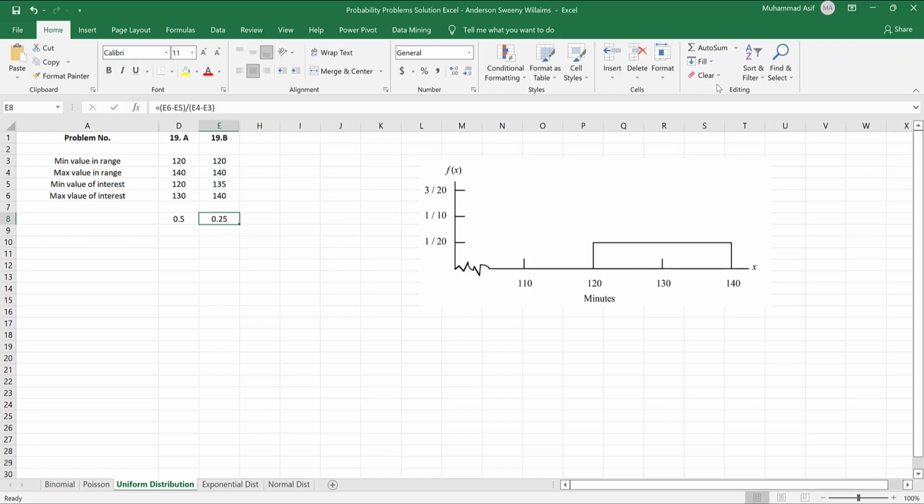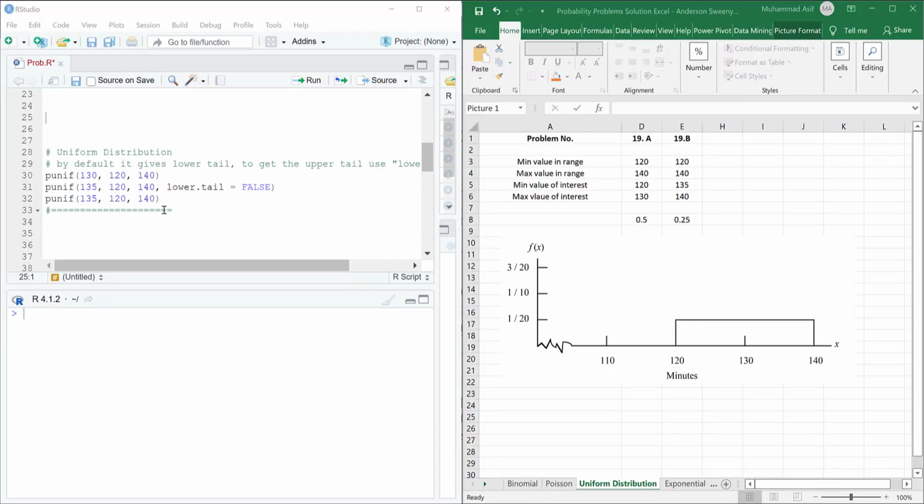In RStudio, we calculate uniform probability distribution by using this syntax, that's punif, and over here default is that it will give lower tail is equal to true. By default it will give lower tail, but if you want upper tail, then you have to specify false.